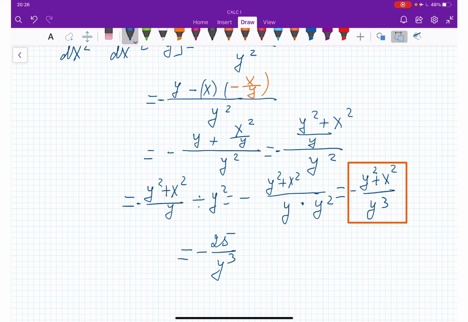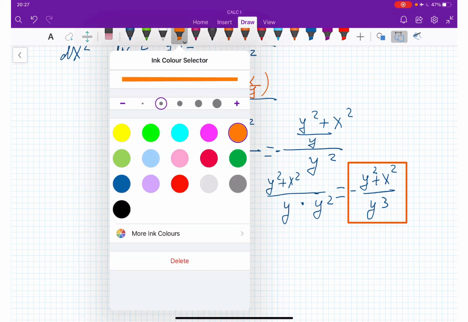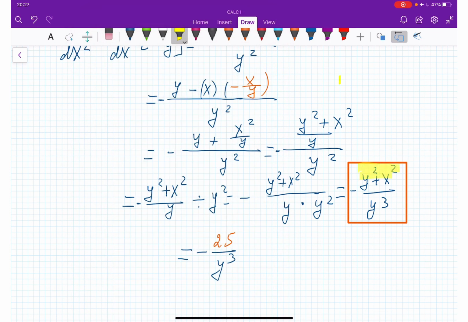Did you understand what just happened? See, we have y squared. Let me take this color. You see we have here y squared plus x squared.